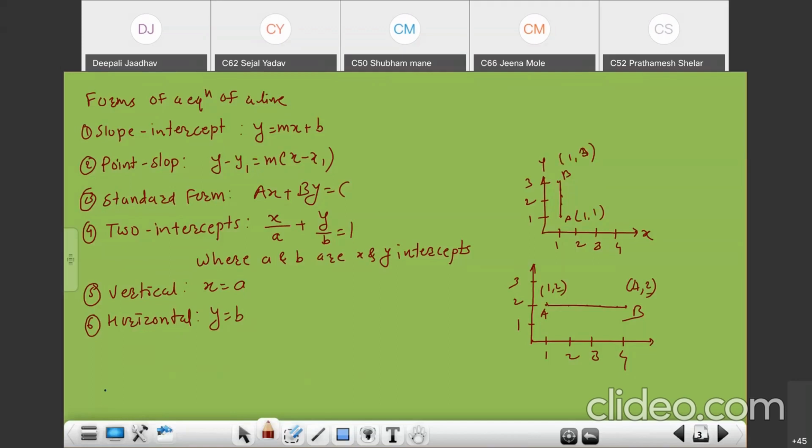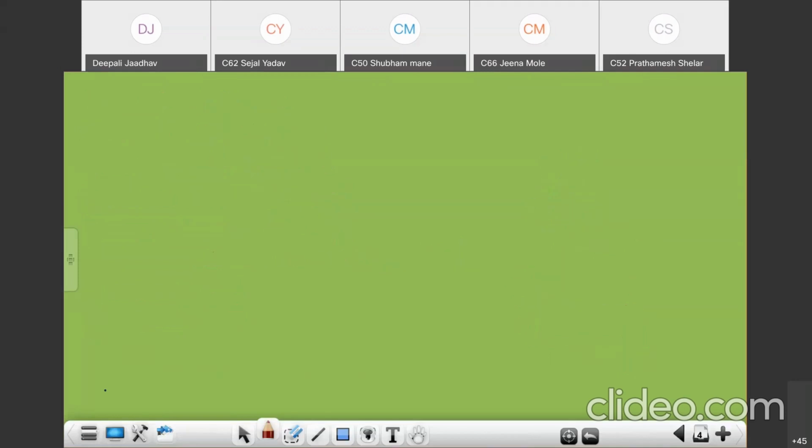Using these different line equations, we are going to see the next topic, the transformation of intersecting lines.